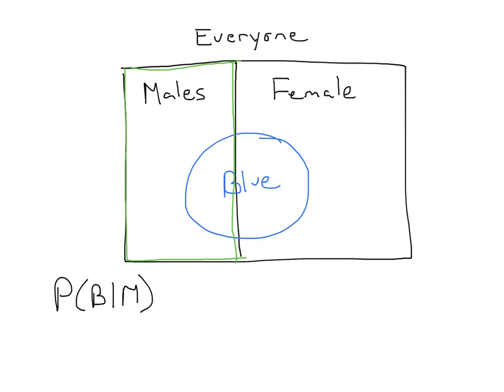All right. Now that's a very different problem than the probability of being male, given that you have blue eyes. If I'm given that I have blue eyes, then what I'm doing is I'm ignoring everything except for what's inside the blue-eyed circle.